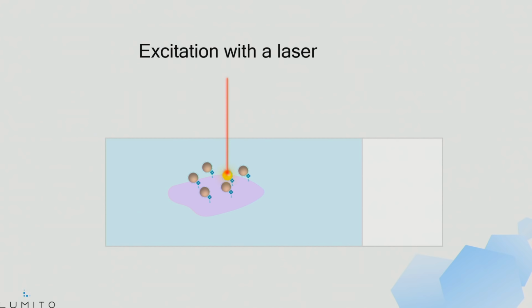Everything else in the sample, when illuminated, will send out light with longer wavelengths, and therefore we can really see the difference between our particles and the rest in the sample. So all the background is basically removed.